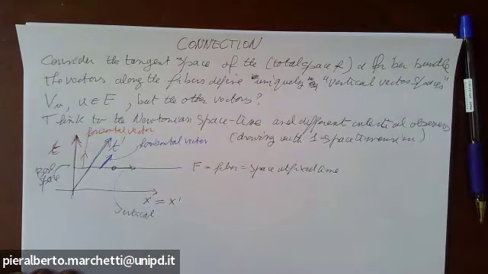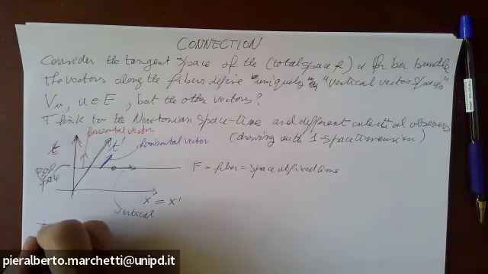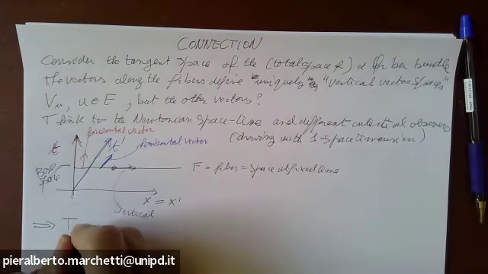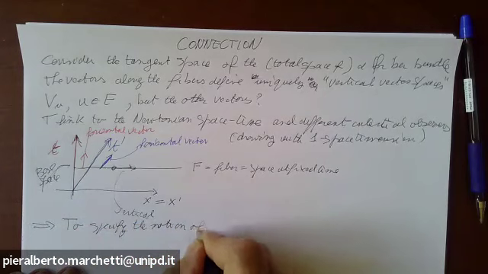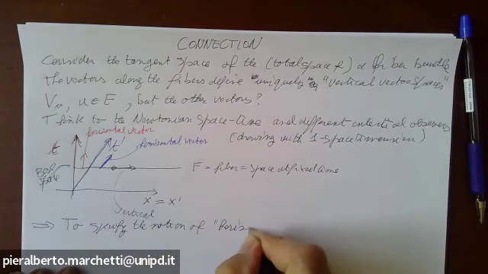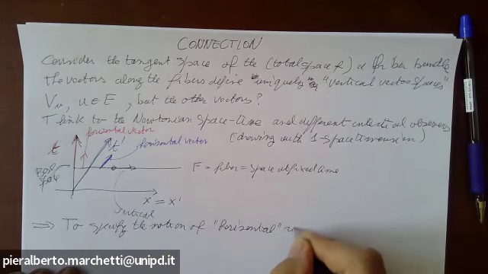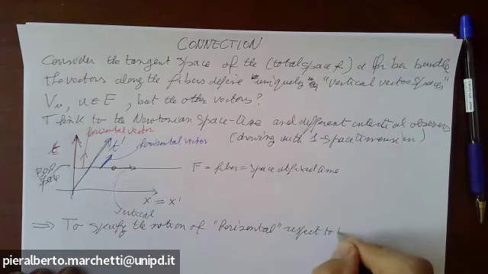So you see that in a bundle, in general, you have a well-defined definition of what is a vertical space of vectors, just along the fiber. But what is a horizontal vector? Well, this depends. So we need to specify the notion of horizontal, with respect to the base.